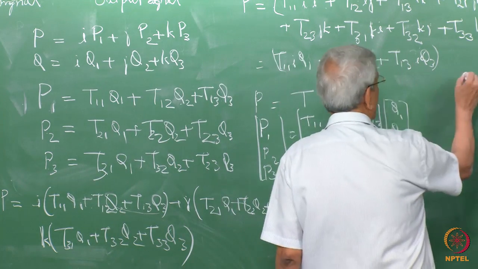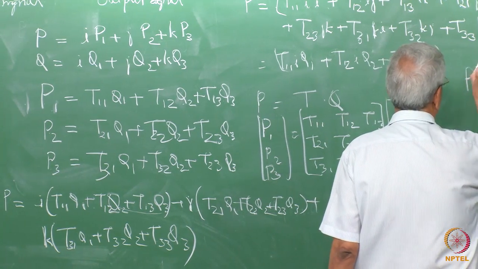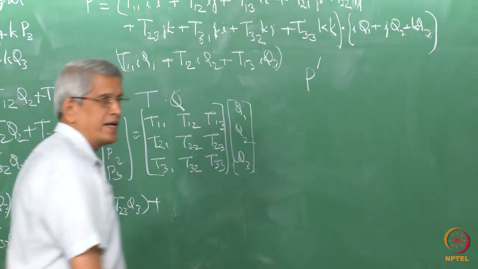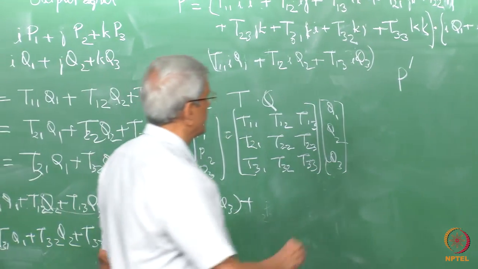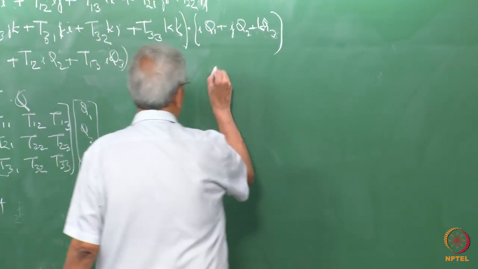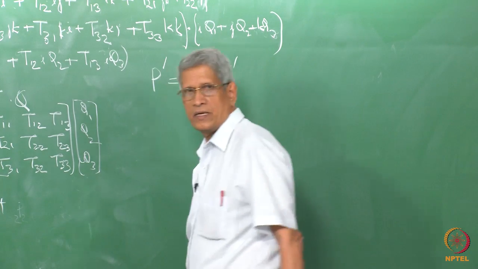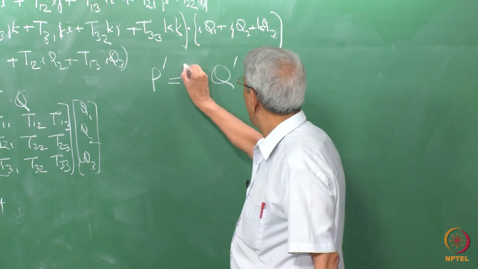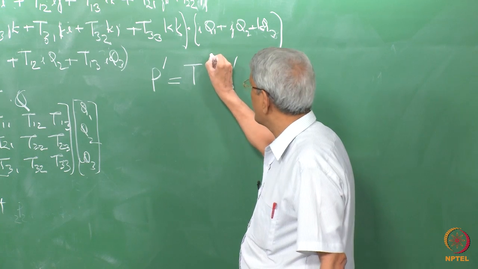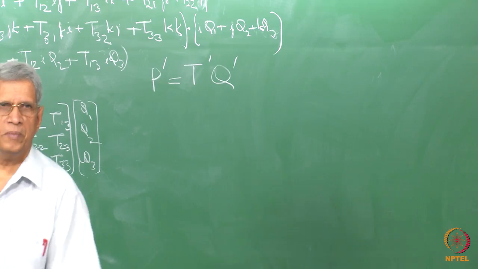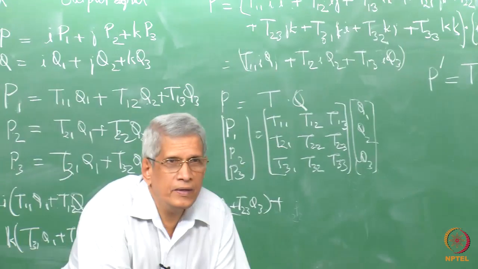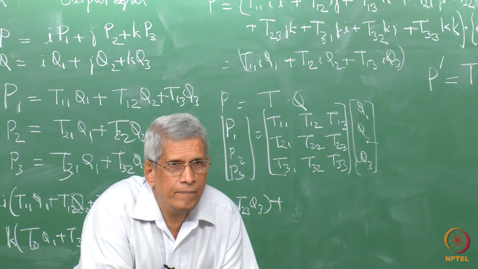If the vector P becomes P dash in the new coordinate system, the vector Q becomes Q dash, and the vector T becomes T dash, still this relationship has to be maintained. Correct?